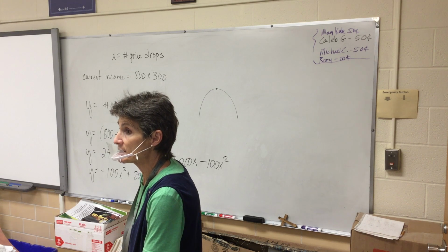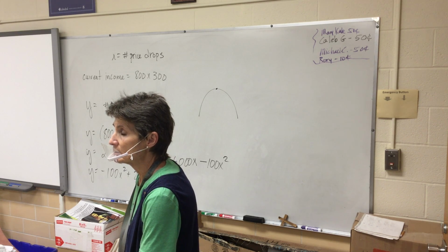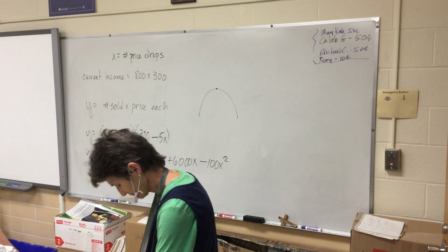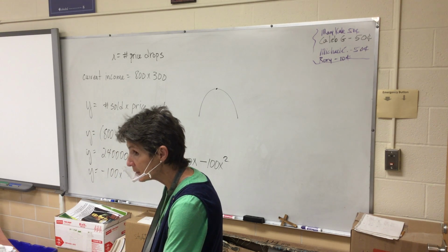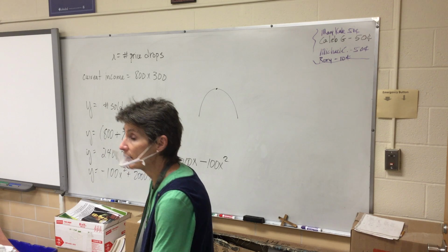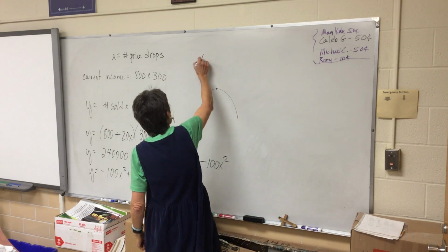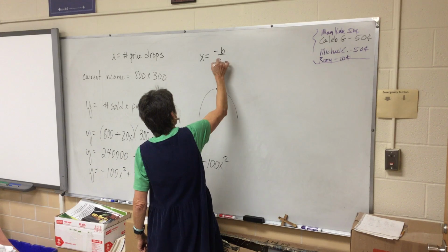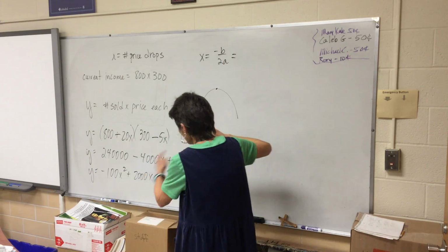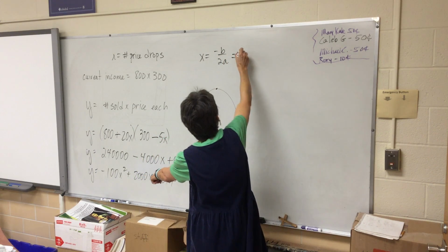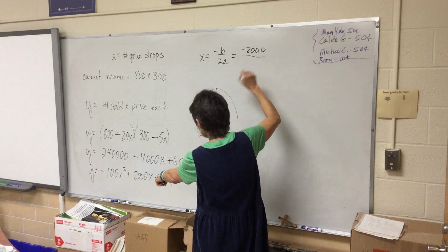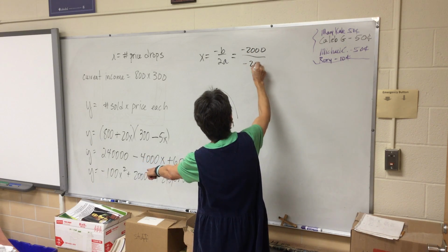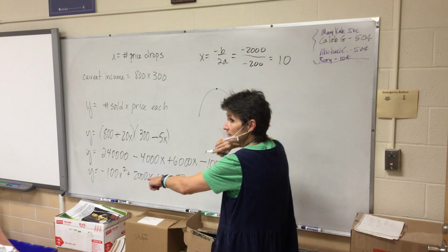Axis of symmetry, x equals negative b over 2a, which for this problem would be negative 2,000 over negative 200, or 10.